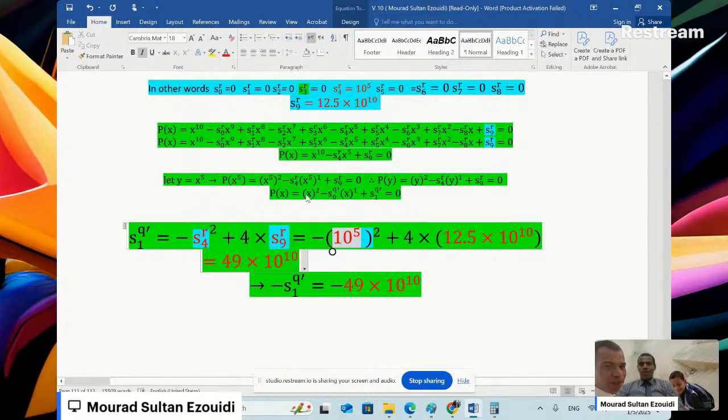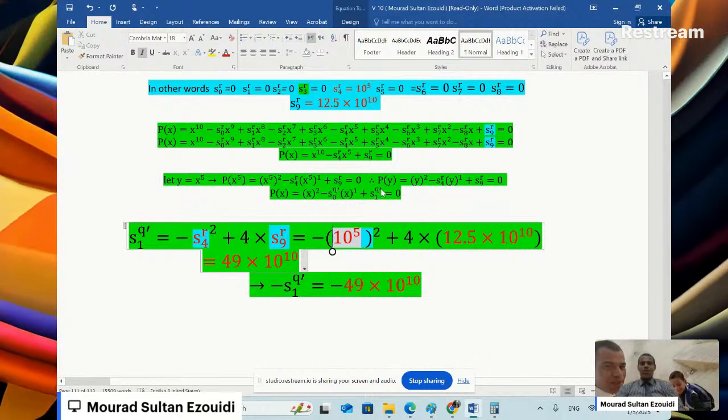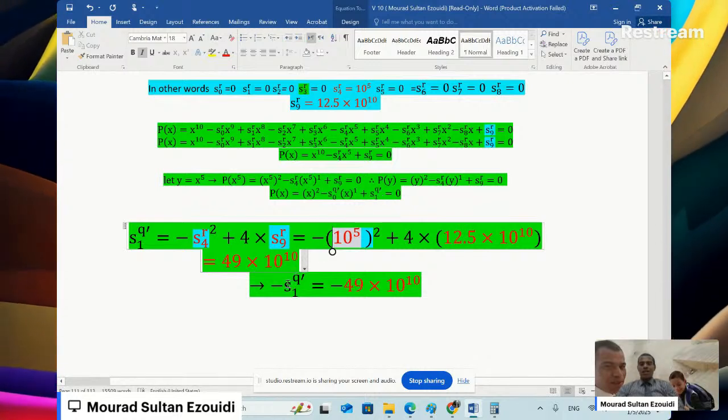But we said that x squared has to be equal to negative s1 of the 2 dash. That's why the negative sign is given.